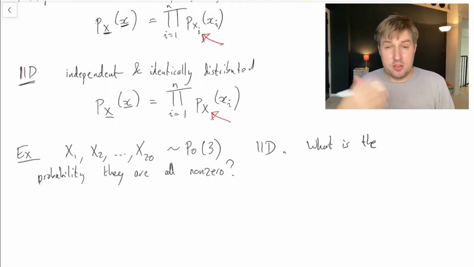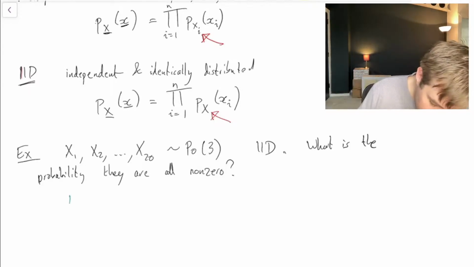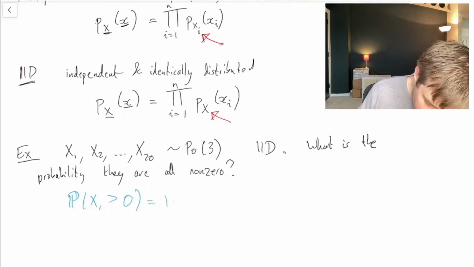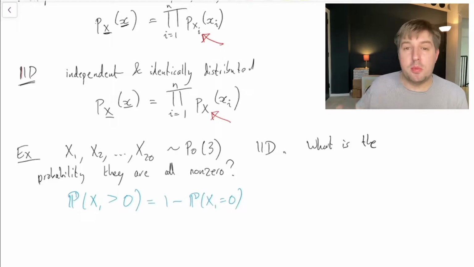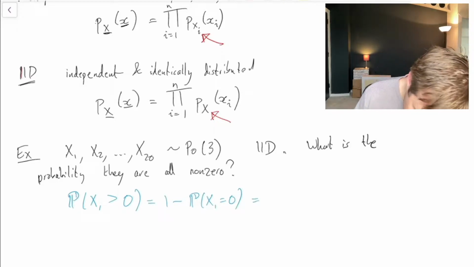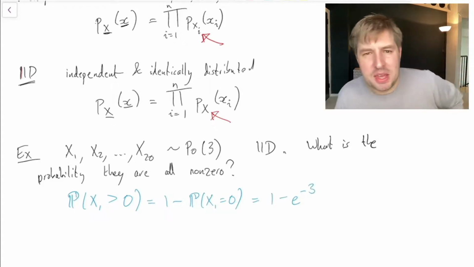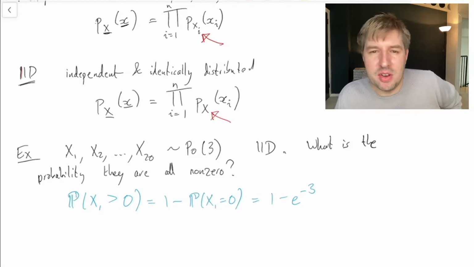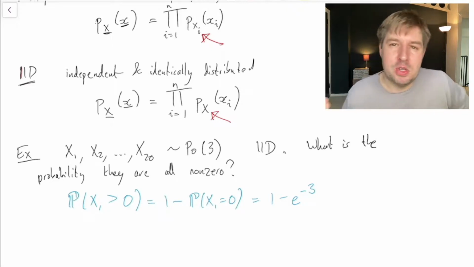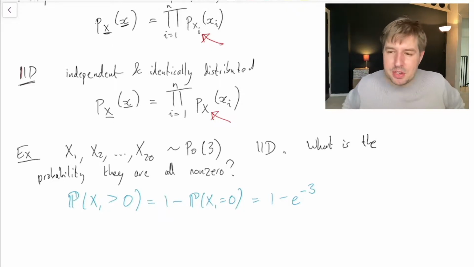Well, we can start by saying what's the probability one of them is non-zero. That's the probability that X1 is greater than 0, which is 1 minus the probability that X1 does equal 0. The probability that X1 equals 0, since this is the Poisson distribution, is e to the minus lambda. Strictly speaking, it's e to the minus 3, times 3 to the 0 over 0 factorial, but 3 to the 0 and 0 factorial are both 1. So you can just remember that for a Poisson distribution, the probability of 0 is just e to the minus lambda.